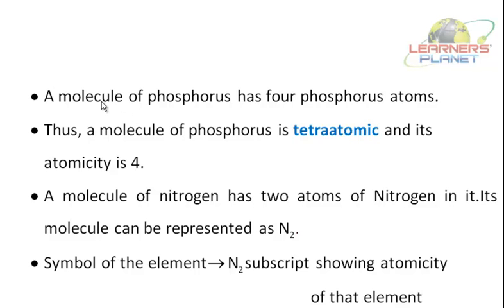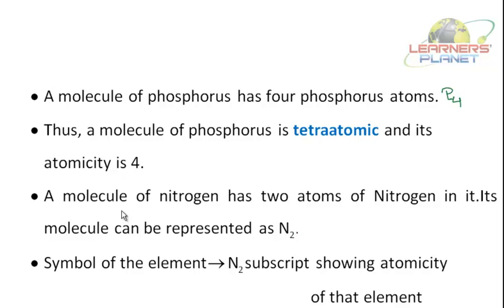Like a molecule of phosphorus has 4 phosphorus atoms. What is the symbol of phosphorus? P. How many atoms are there in its one molecule? 4. So 4 will be represented as a subscript. Thus, a molecule of phosphorus is tetraatomic and its atomicity is 4.